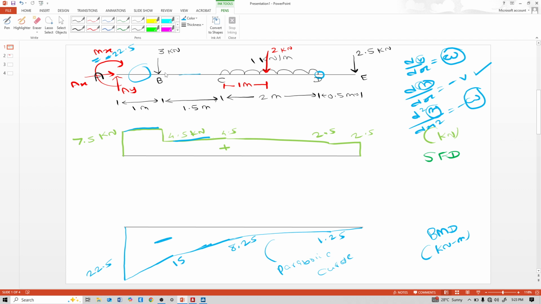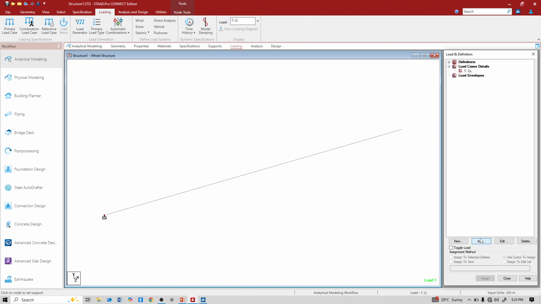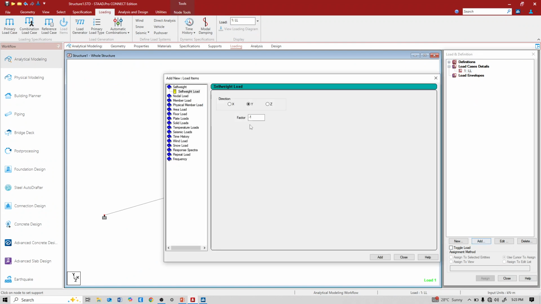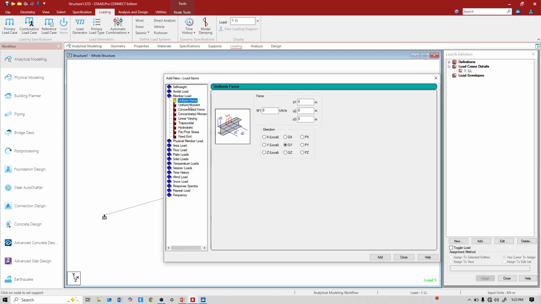So 3 kN load acting at B point, and it is 1 meter away from point A. So member load, uniform concentrated force minus 3. 3 kN is our downward load and this direction is GY, Y is upward direction, that's why I write minus, because my load is downward.